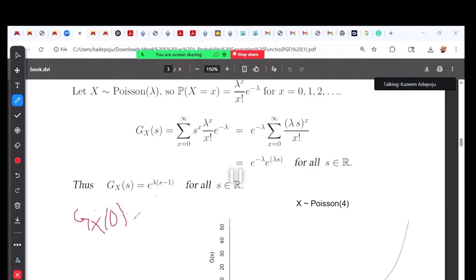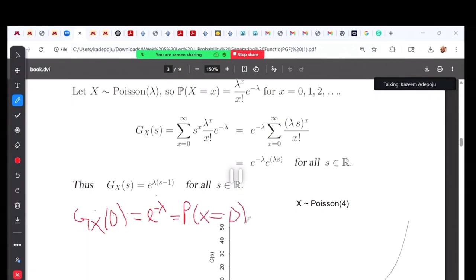When you plug in x to be 0 here, this is going to give you exponential raised to power negative lambda. This is the same thing as the probability of s equal to 0 in Poisson.